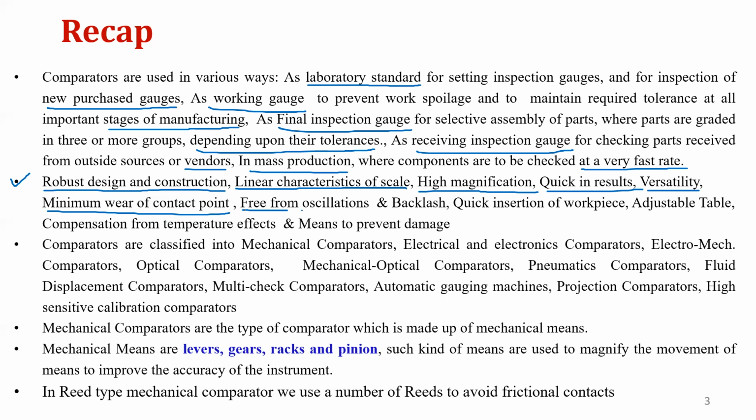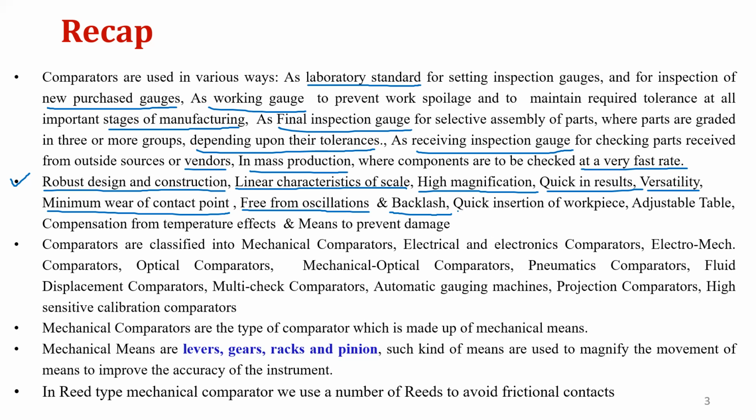The comparator should be free from oscillations, that means the pointer should come rapidly to rest. Another one is backlash: the comparator should avoid backlash so that no lost motion takes place, and we get accurate results.